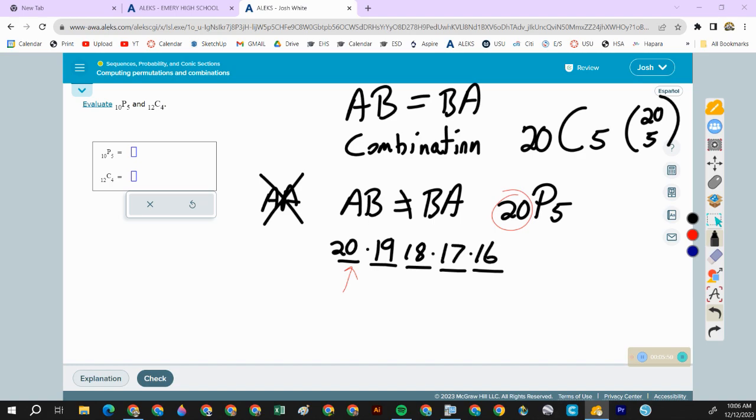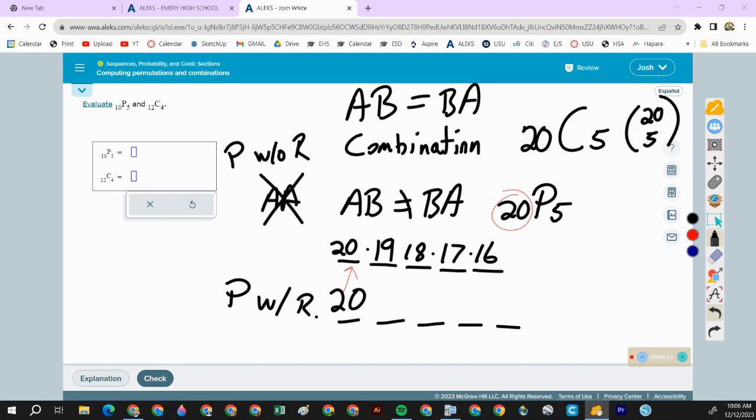Okay? But what if I do put the letter back in? So this is a permutation without replacement. If I do put it back in, then it's a permutation with replacement. And how is that calculation different? My first option has 20, just like before.